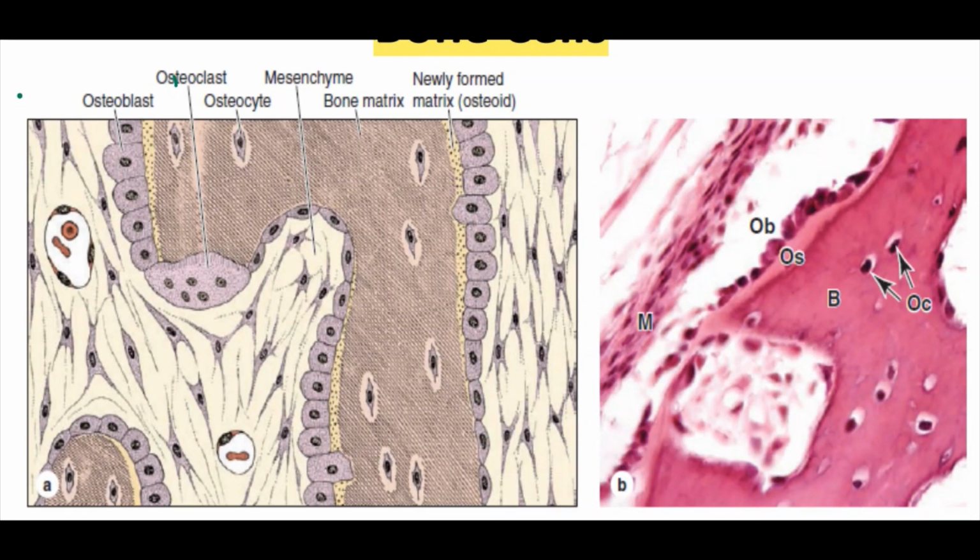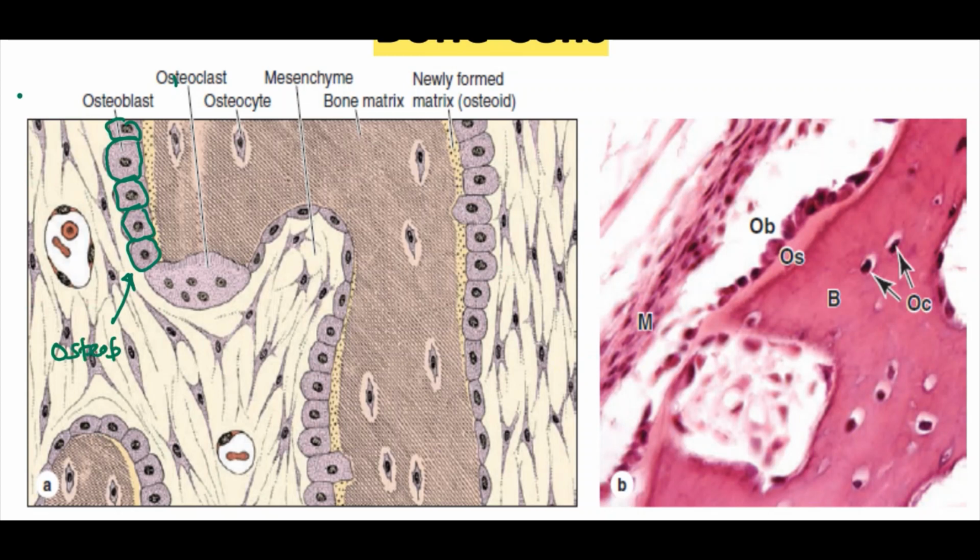So now this is a structure that is depicting a bone matrix. You can see on the periphery here these cells that are lined like epithelia, they have a cuboidal shape.